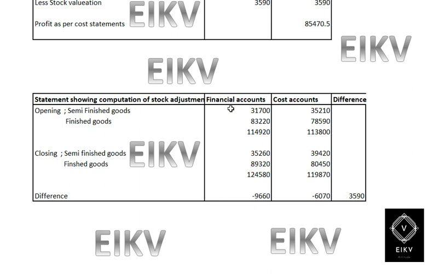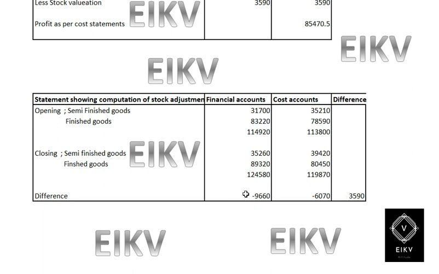I have made financial statement and cost statement amounts, in financial and cost, semi-finished goods and finished goods at opening, and semi-finished goods and finished goods at closing, and I have taken the total of each, financial as well as costing, and then I have deducted opening stock minus closing stock.